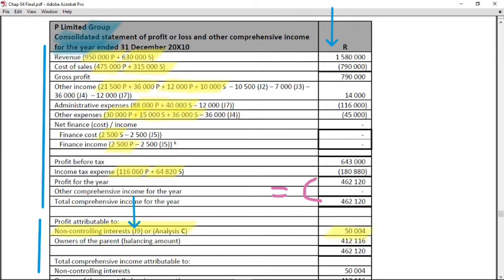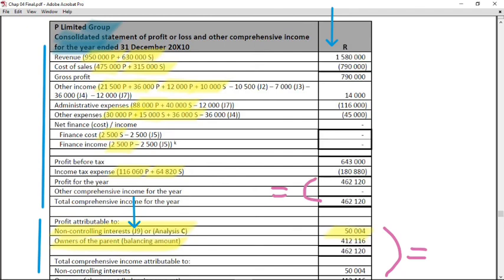When you do profit attributable to your equity participant, first do the profit attributable to NCI, and then you can balance back to the profit attributable to the owners of the parent. In this example, as I've said, we didn't have other comprehensive income, so the profit attributable to the equity participants and the total comprehensive income attributable to the equity participants will be for the same amounts.